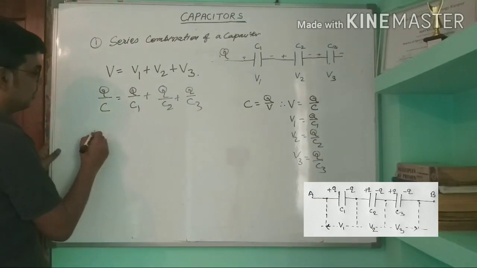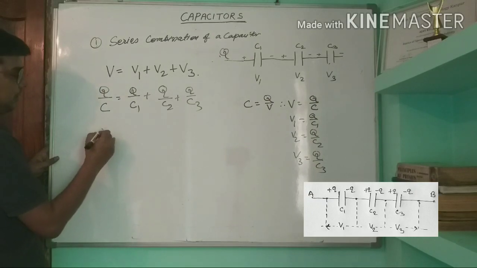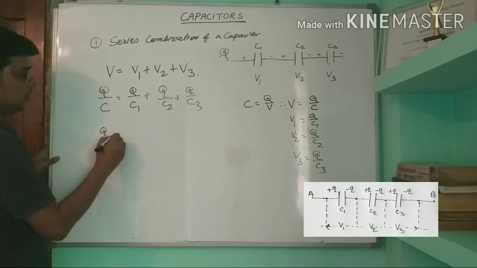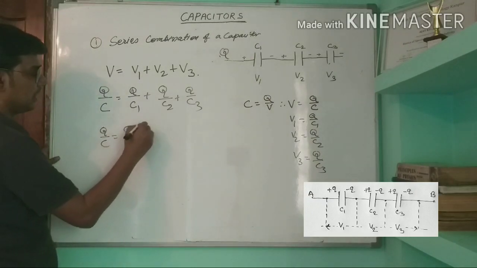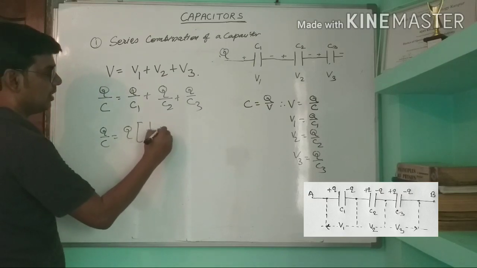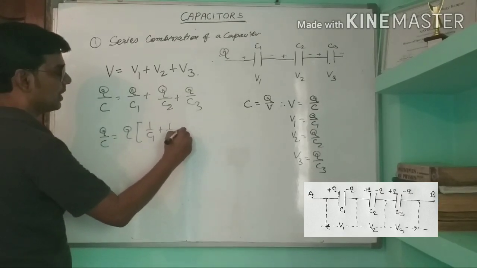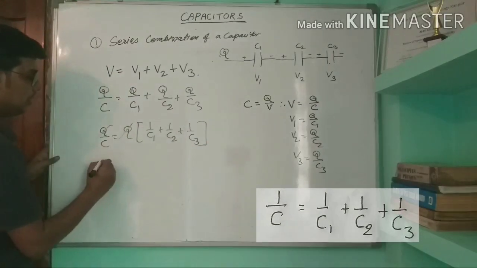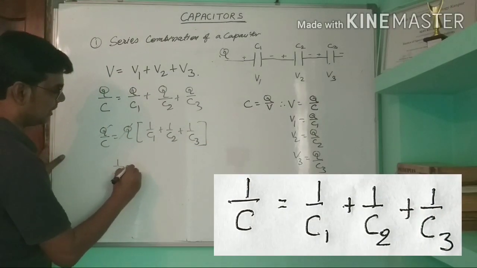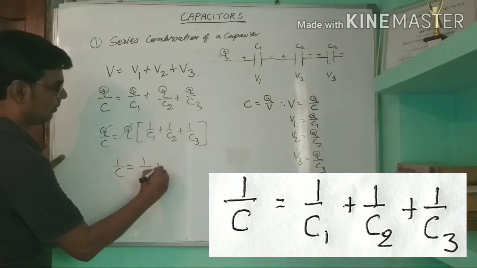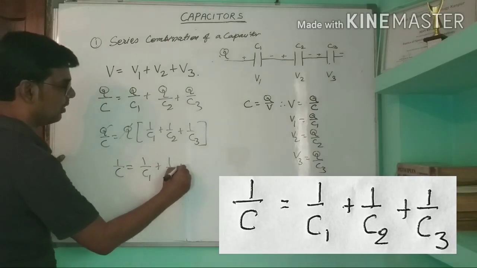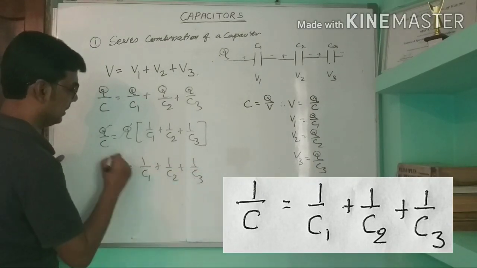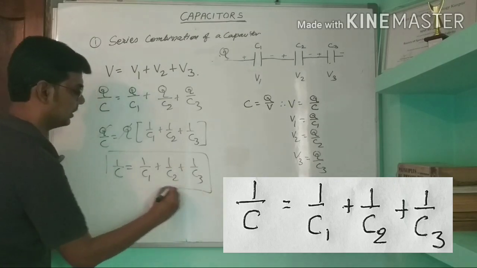Take out Q. So Q by C equals Q times 1 by C1 plus 1 by C2 plus 1 by C3. Q cancels. So finally 1 by C equals 1 by C1 plus 1 by C2 plus 1 by C3. This is the combination.